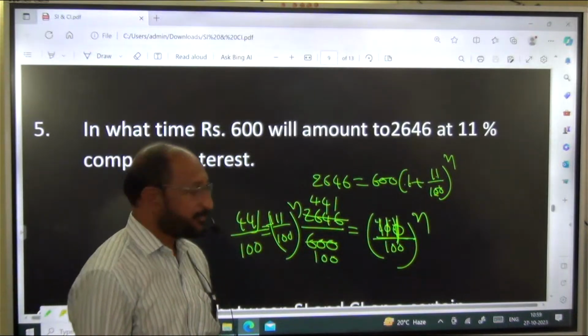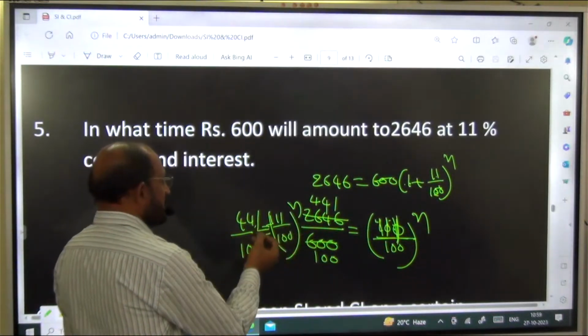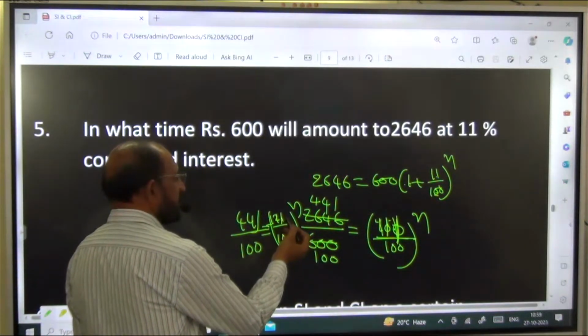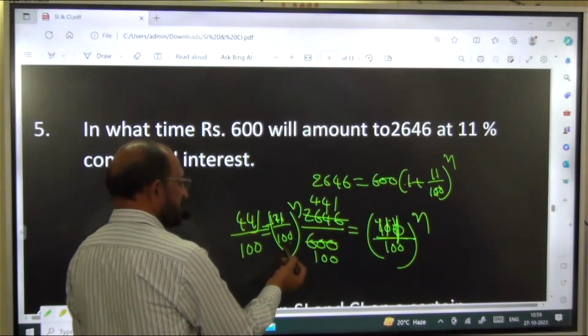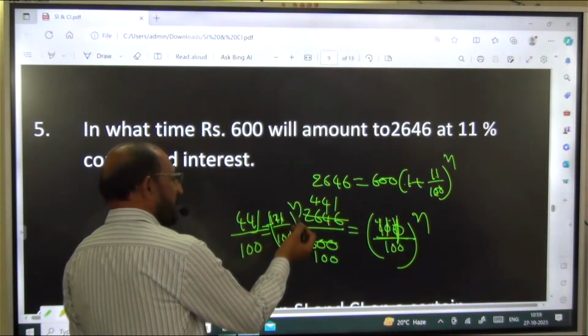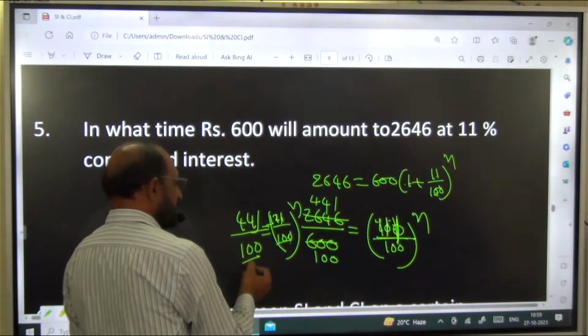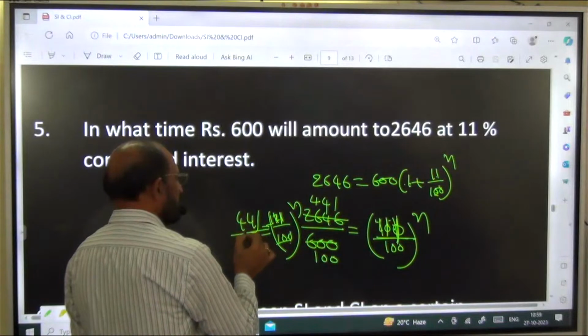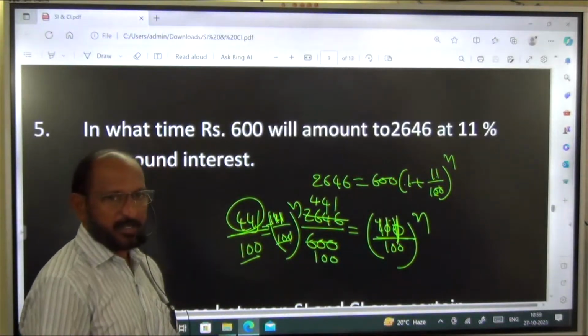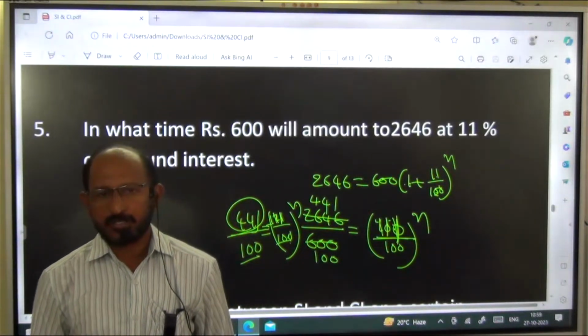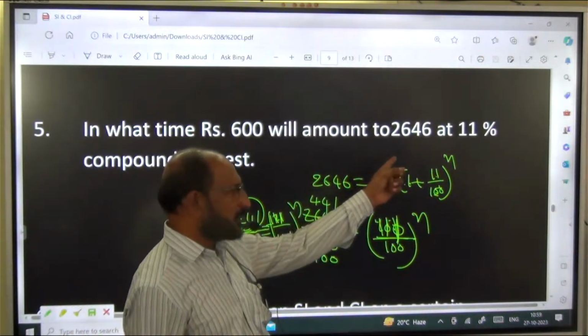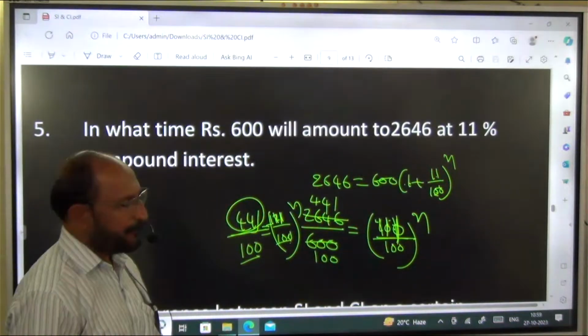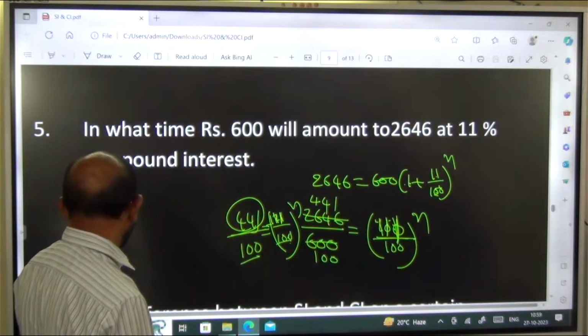If 21 is there, 21 whole square, means here 10 is there, 10 square will get. If n is equal to 100, it should be 1 year. 1 year means 111 will be, but 441 is there. We won't get the square terms. So the problem is calculation problem. Okay, we'll check that.